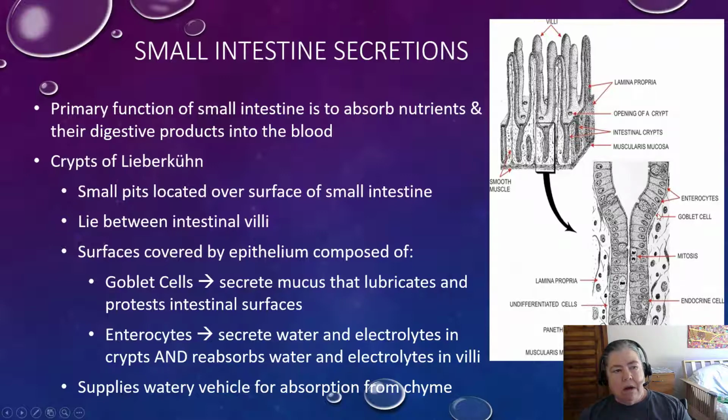There are goblet cells in the crypts, there are enterocytes in the crypts and at the base of the villi. There are also cells that support this, and these are very actively reproducing cells. So lots of mitosis going on because the lining of the intestine is being continuously abraded and continuously replaced.